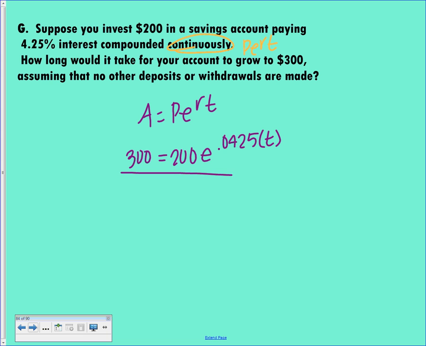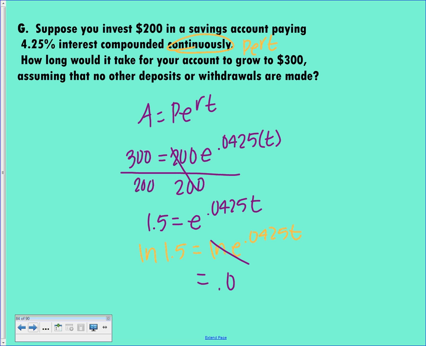So let's divide by 200 on each side. 300 divided by 200 is 1.5 equals e to the 0.0425t. Now because I'm solving for something that's in an exponent and I have an e, I'll ln each side. I'm really hoping you're getting used to ln'ing each side when you see a t. All right, so my ln and my e cancel over there.